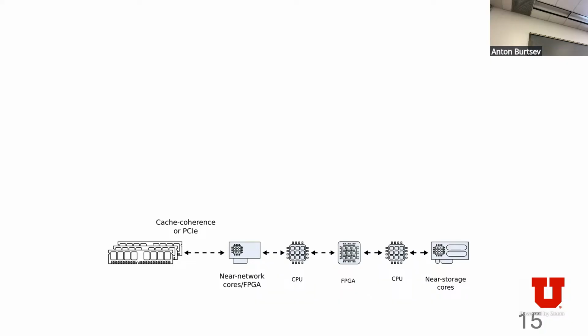And again, there will be some memory locality, an even more drastic version of non-uniform memory, where memories have different speeds and different capacities, but you have to code for local and remote memories. Something will probably be running near the network interface, like near-network cores.